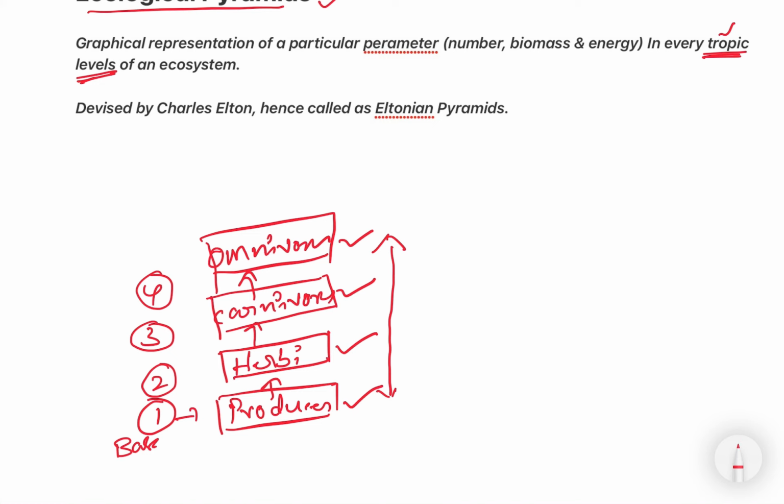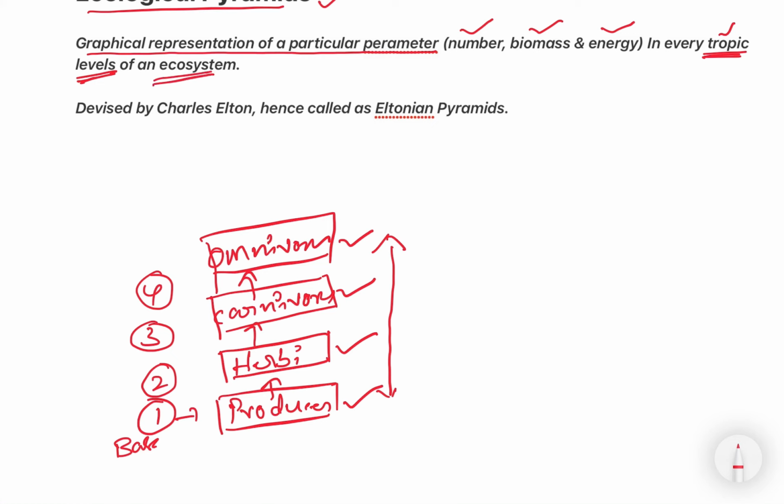Now let us see what is meant by ecological pyramids. It is a graphical representation of a particular parameter. This parameter may be in the form of number, biomass, or energy, of every trophic level in an ecosystem.